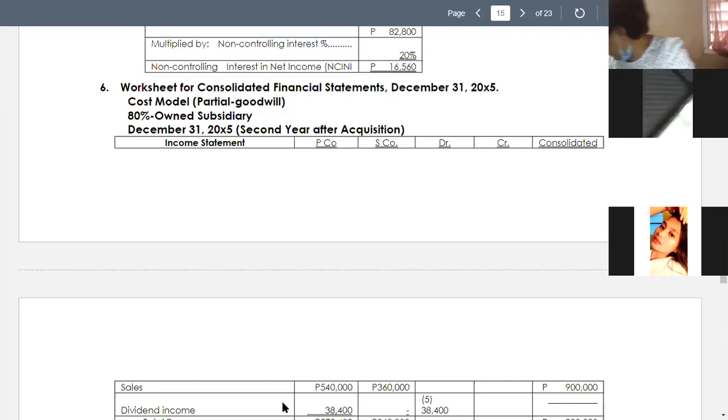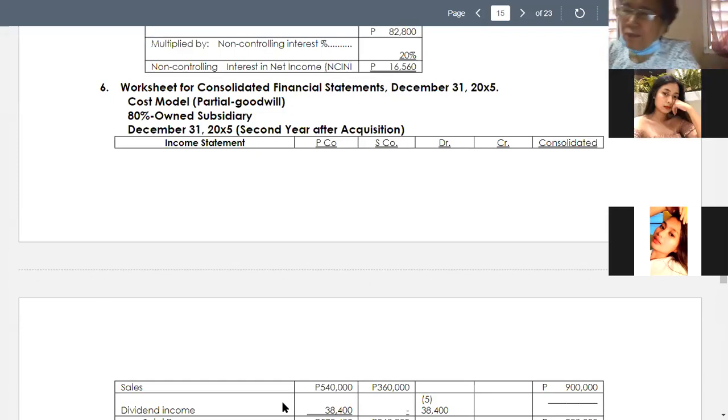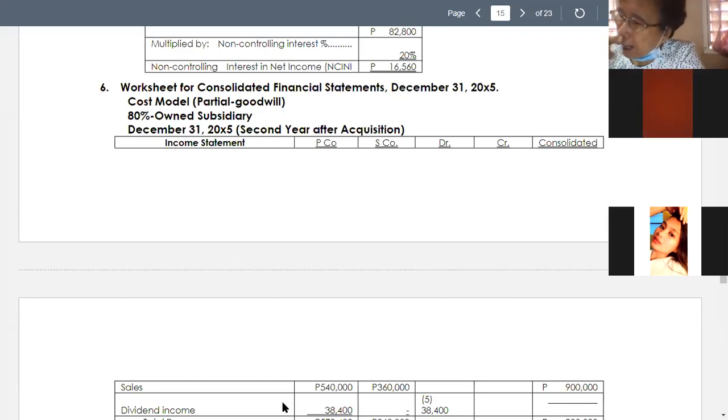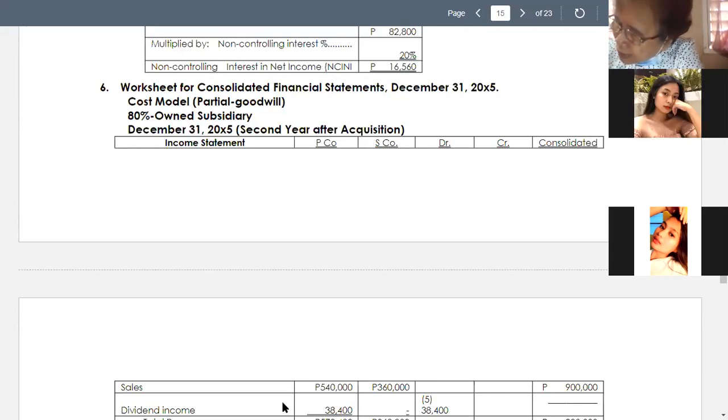But maybe more will be taken from chapter 5 and a little of chapter 6. So maybe your midterm, the composition of that is from chapters 1 to 4, I will just get 30%. And then from chapters 5 to 6, the remainder of 70%.